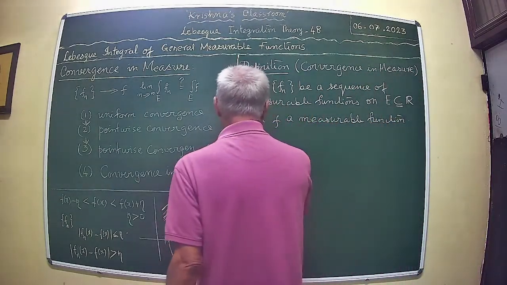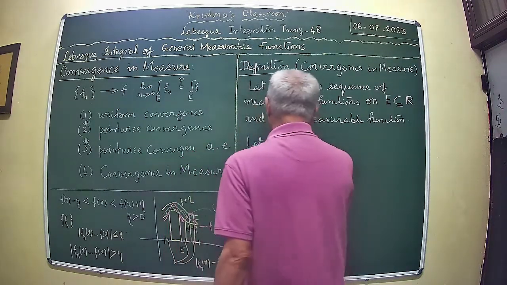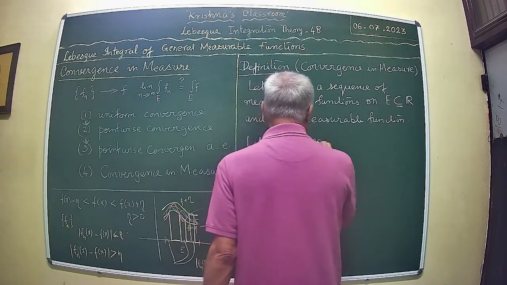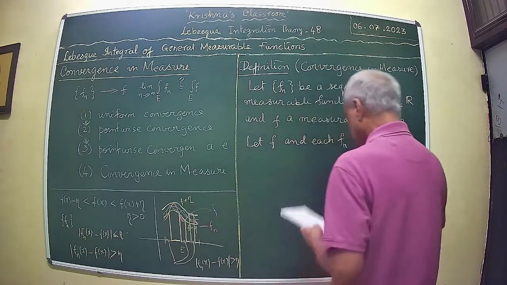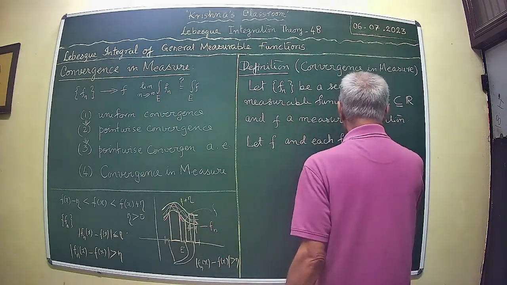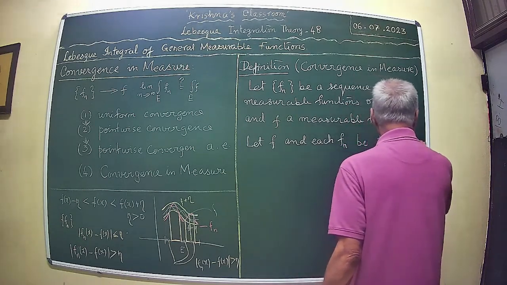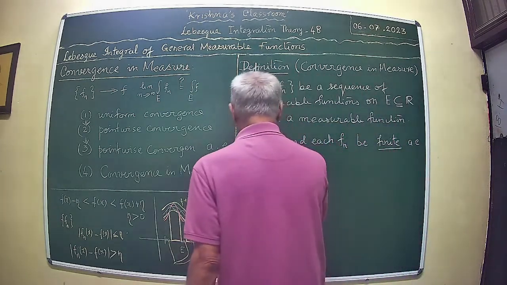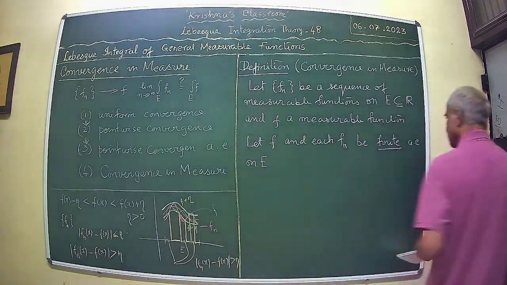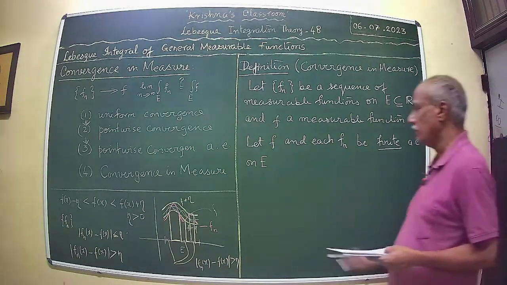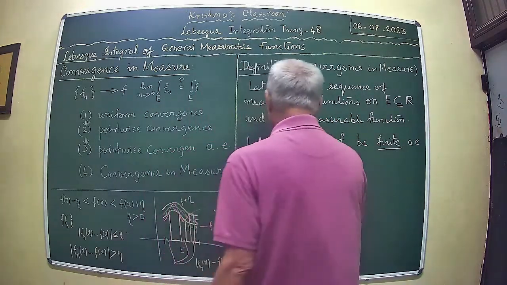Let F and each Fn be finite almost everywhere on E, that means except possibly on a set of measure 0, this is going to be finite.